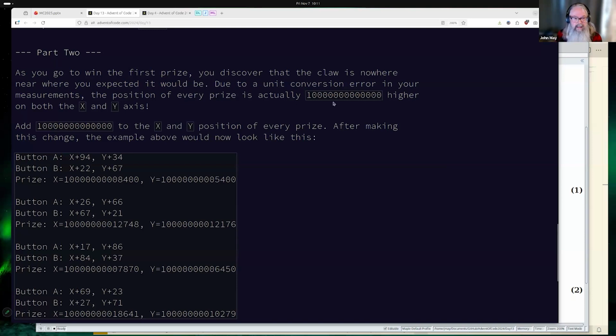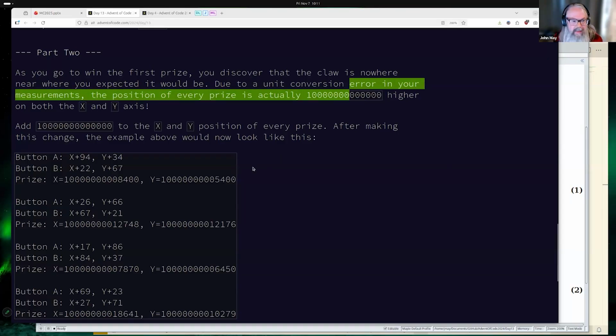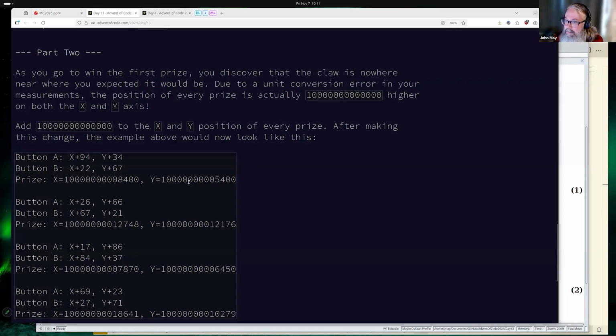Here you can see that he anticipated that people would use linear algebra solvers in languages that probably convert all linear algebra problems into floating point numbers. So he gave you a big number, and then added that to the coordinates of the prizes, specifically to create numerical error when solving these.